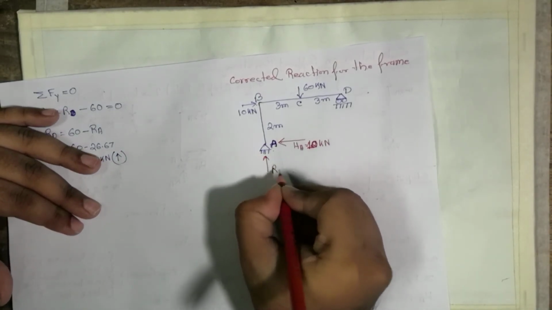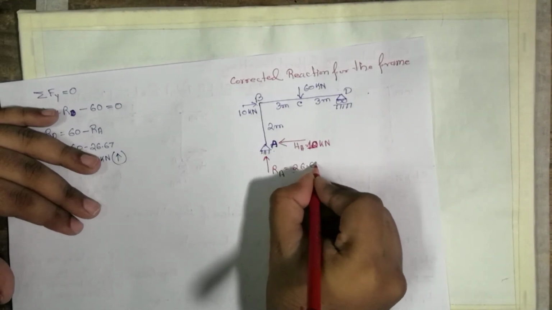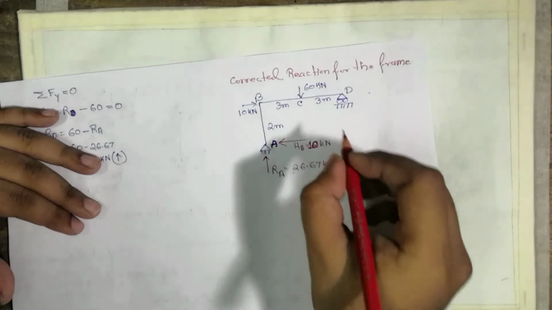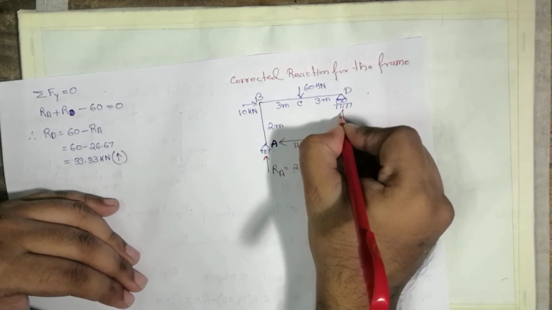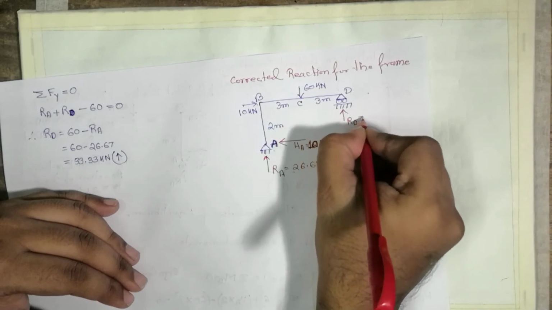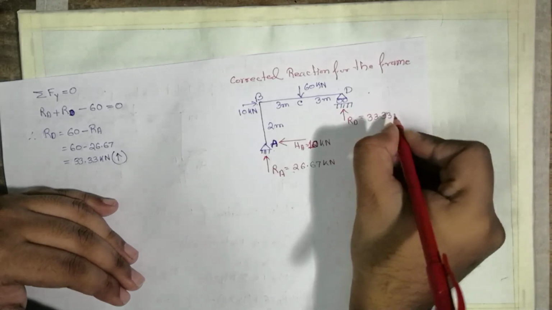Also, vertical reaction RA is acting vertically at point A, 26.6 kilonewton. Similarly, RD is acting vertically upward. It is 33.33 kilonewton.